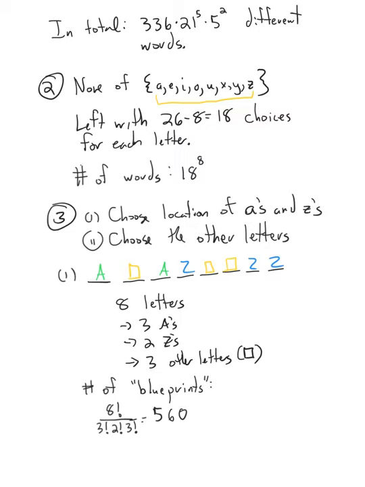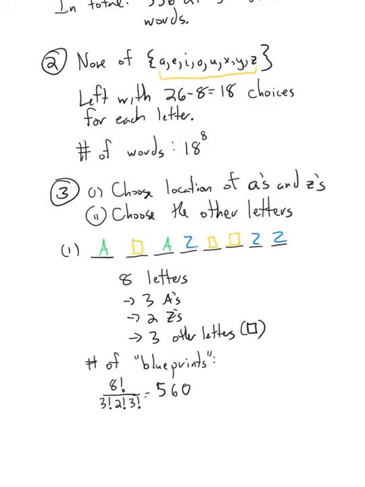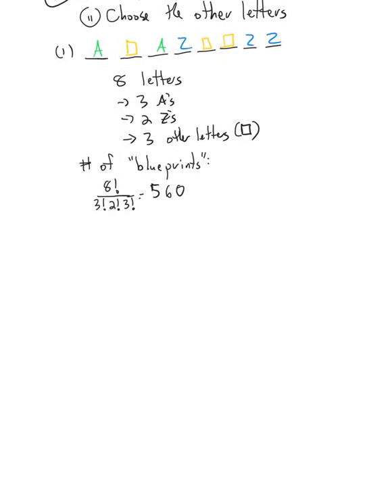And then secondly, once I choose a blueprint out of the 560, I need to actually put some letters in the squares. So number of individual letter choices. Well, there's no choice for the A's and the Z's, or I should say one choice, A and Z, depending on where they are.